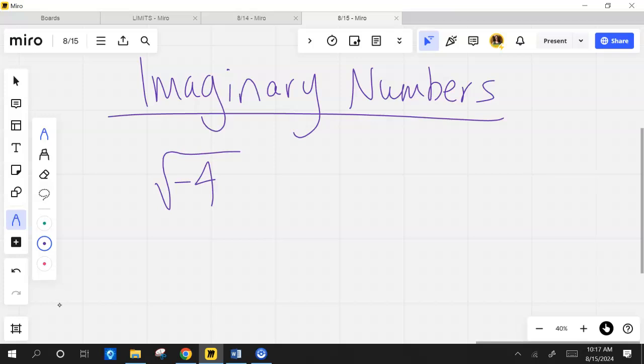Okay, so all right, here we go. If there's a negative under the radical, we are going to use an imaginary number to take its place.